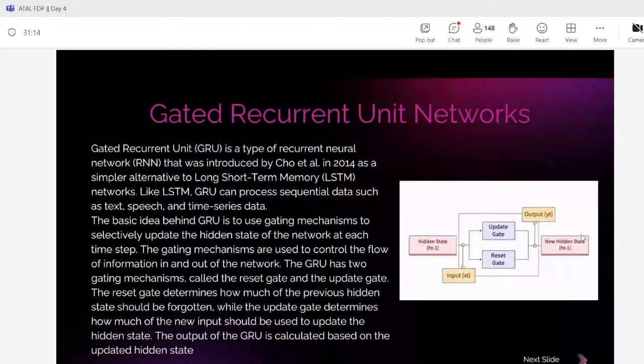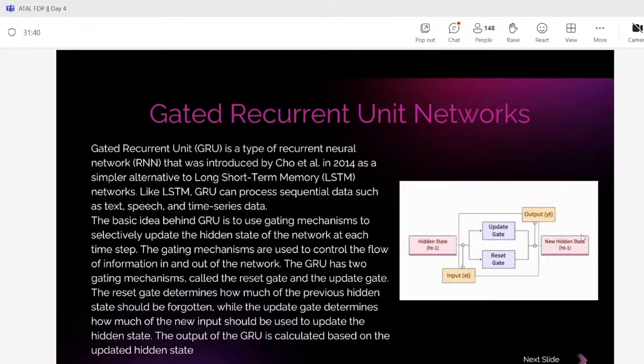So it uses a gating mechanism. These gating mechanisms are used to control the flow of information in and out of the network. The GRU has two gating mechanisms called reset gate and update gate. The reset gate determines how much of the previous hidden state should be forgotten. So it defines the scale up to which extent the previous hidden state should be forgotten.